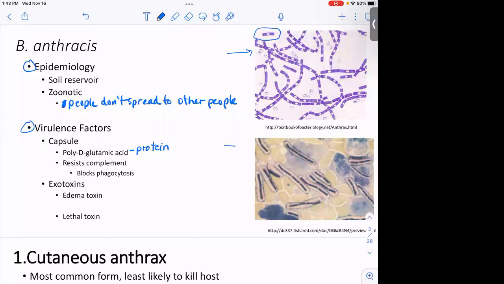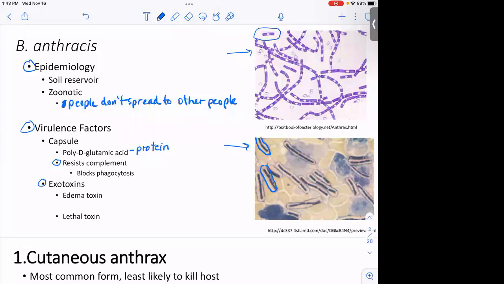And I'm not sure what kind of capsule stain this is here, but you can see the capsule here, secreted outside of the cell. It's going to make that when it's in a host. It helps it resist complement. So that's going to make it harder for our phagocytic cells to envelop it. The organism actually makes 3 different exotoxins.